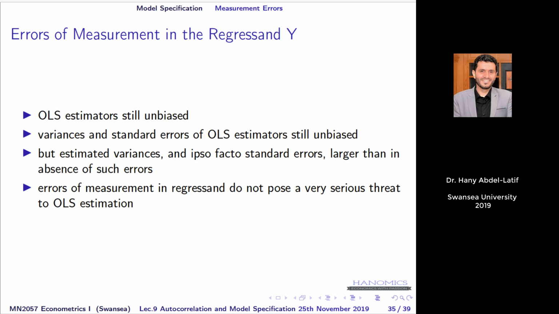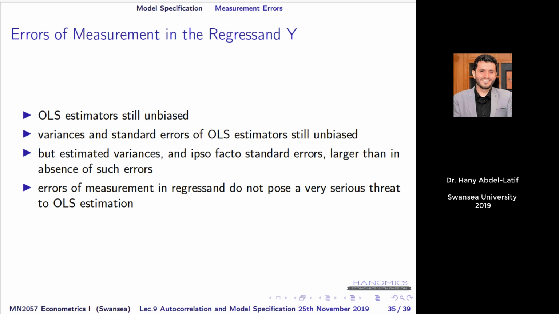It is less serious when it happens with your dependent variable, and more serious when it happens with your independent variables. Okay, so it's still a problem. I'm not saying it's something that you should ignore. When it happens with your y, with your regressand or dependent variable, your OLS estimation is still unbiased.